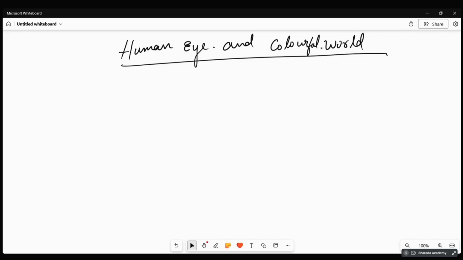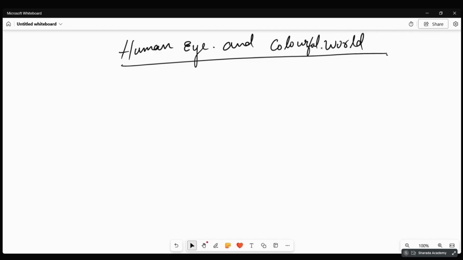The retina is like a screen, and the image formed on the retina is a real, inverted, and diminished image.